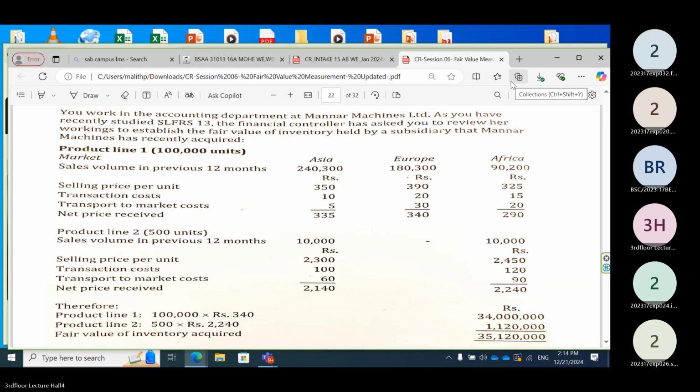Then we have to identify the most advantageous market.